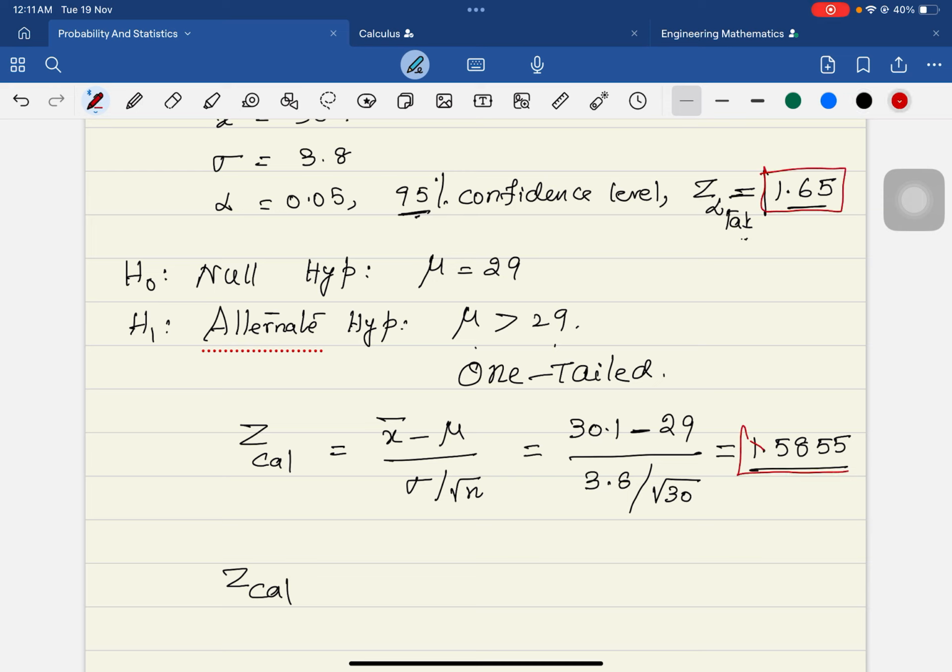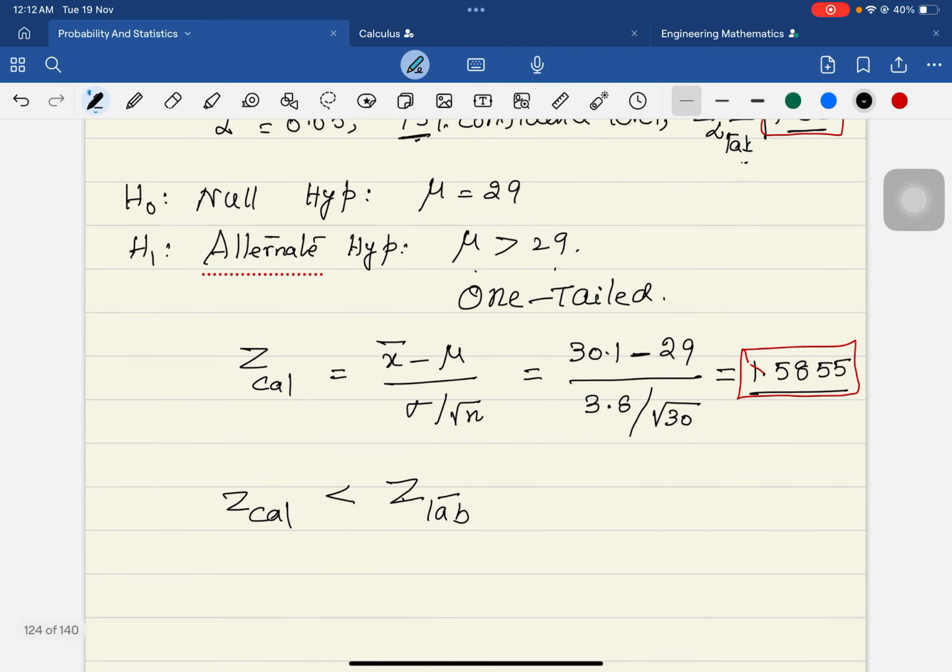This is the table value, and this is the Z calculated value. So which is more? The table value is more. The Z calculated value is less than the Z table value. Therefore, we accept the null hypothesis H naught.